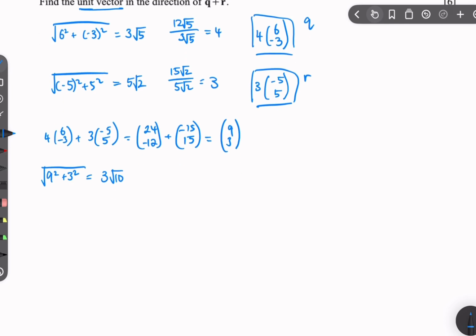And then we can divide the entire thing by 3√10. And this will be the unit vector in the direction of Q plus R.